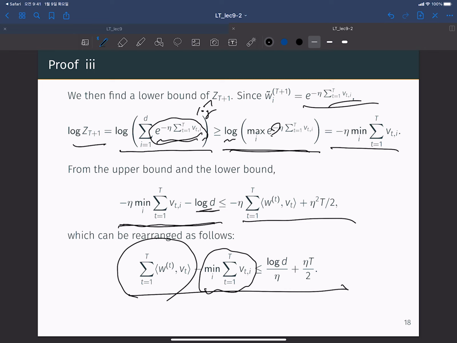So this is the regret with respect to the expert set, and the regret is upper bounded by this. So when we optimize the step size eta, we finally conclude the theorem.